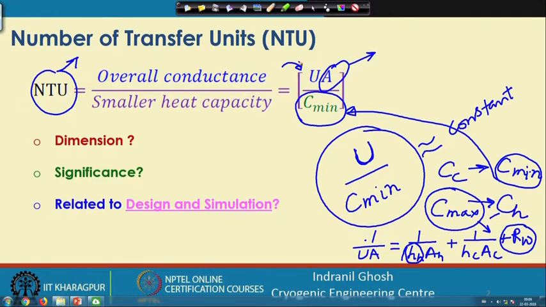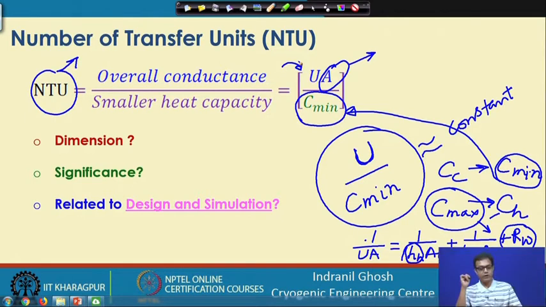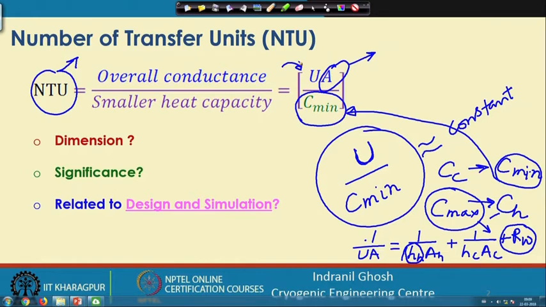Now, this NTU can be an effective means in the design, when it is related to the effectiveness of the heat exchanger. We will find that this gives certain advantage in the design and simulation of the heat exchanger.